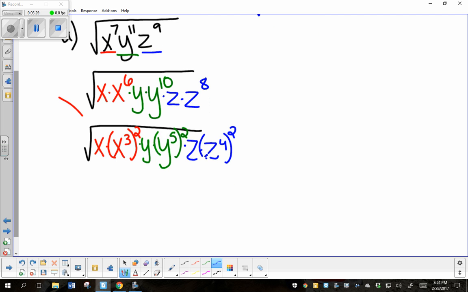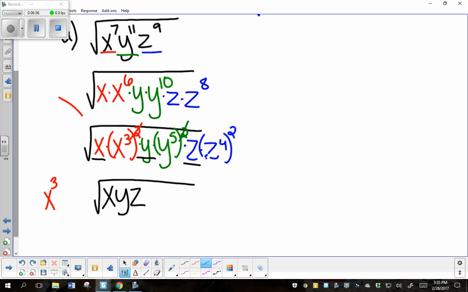So now I look at what things can come out and what things can stay in. Inside my square root is going to have to stay any of these things that were not a square. So x, y, and z. On the outside, I can cancel these squares with the square root. So that cancels and this gets to come out. X to the 3 gets to come out.